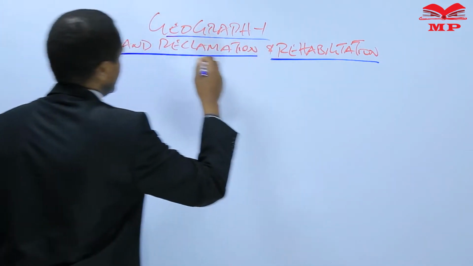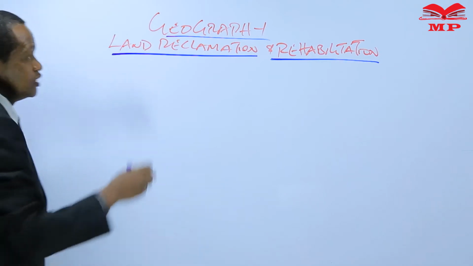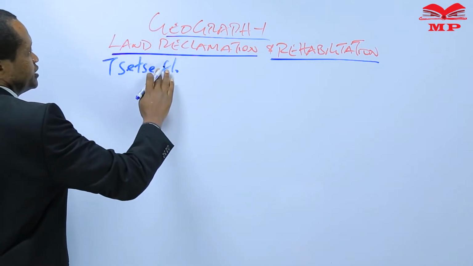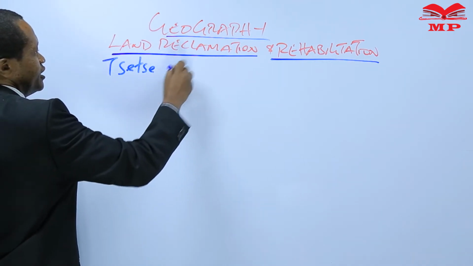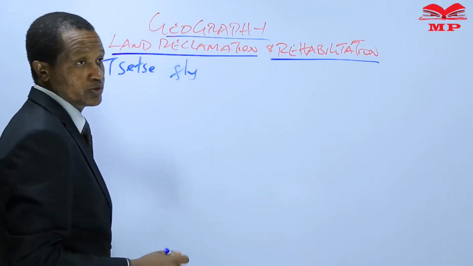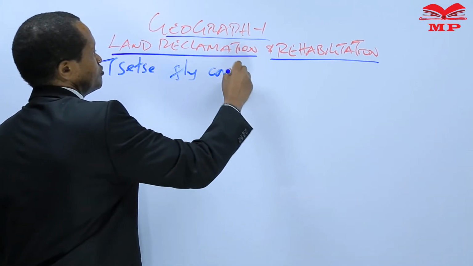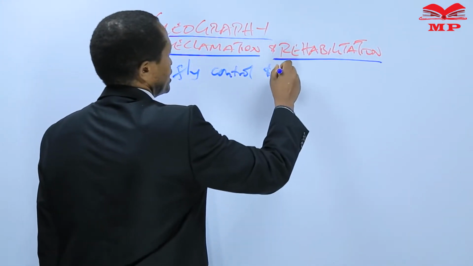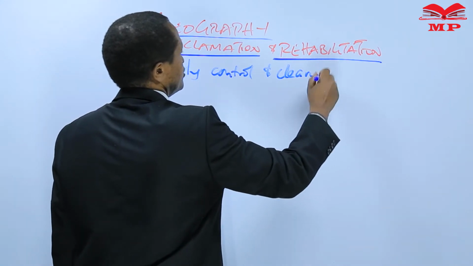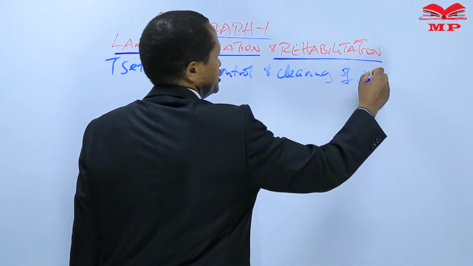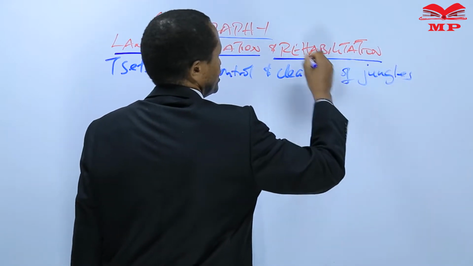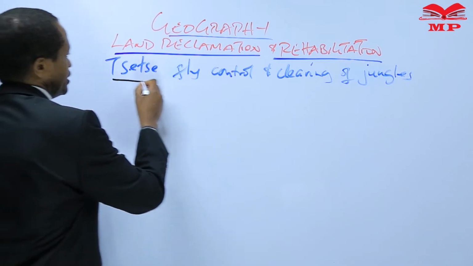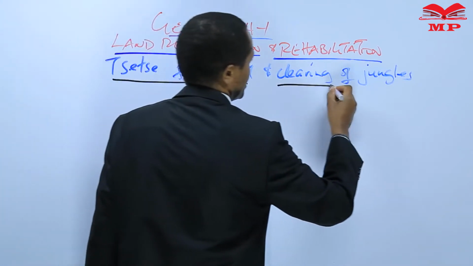So learners, the method we are going to discuss today is fly control and clearing of jungles.